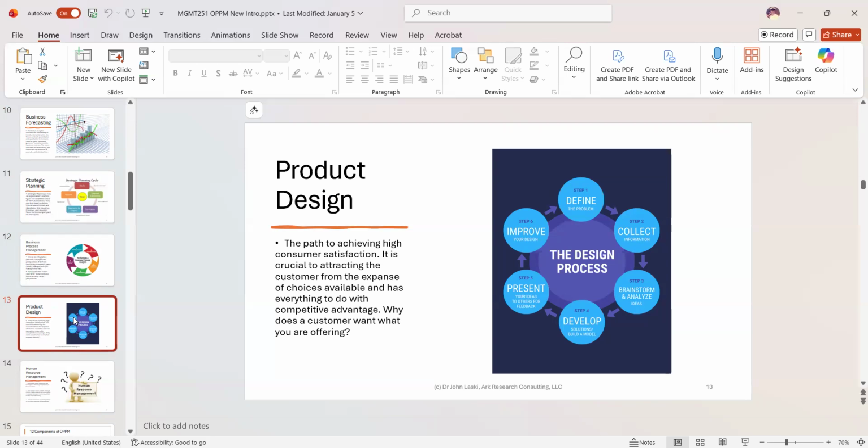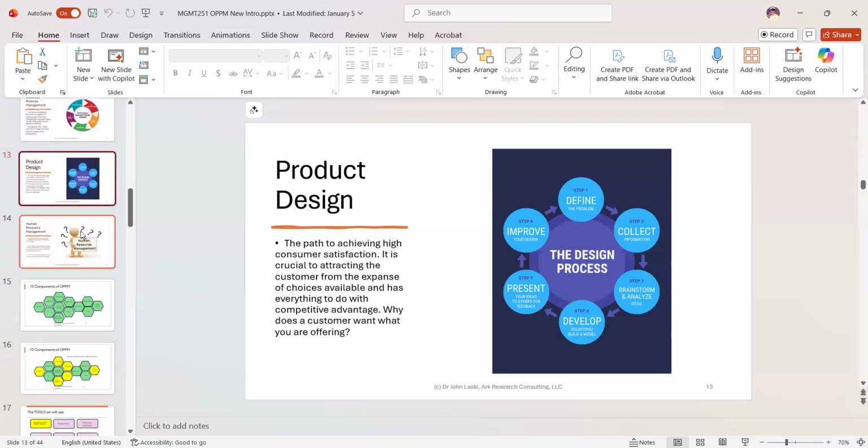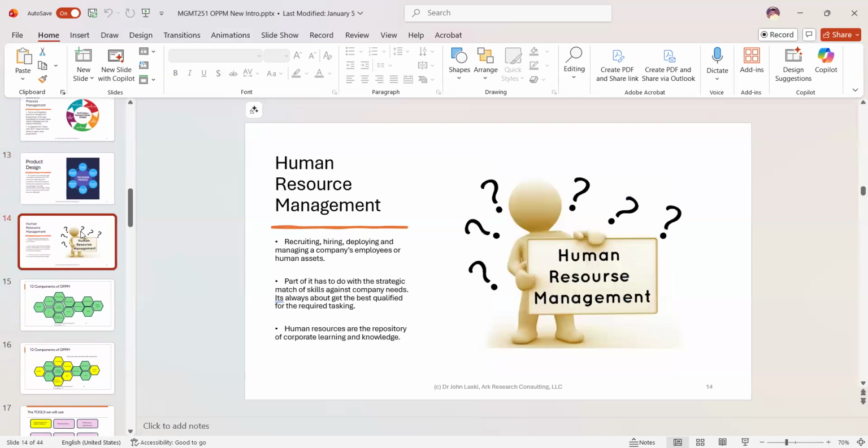Product design is the path to achieving high consumer satisfaction, crucial to attracting the customer from the expanse of choices available, and really addresses the issue: why does the customer want what we're offering? In a sense, why do they want to buy from us versus somebody else?